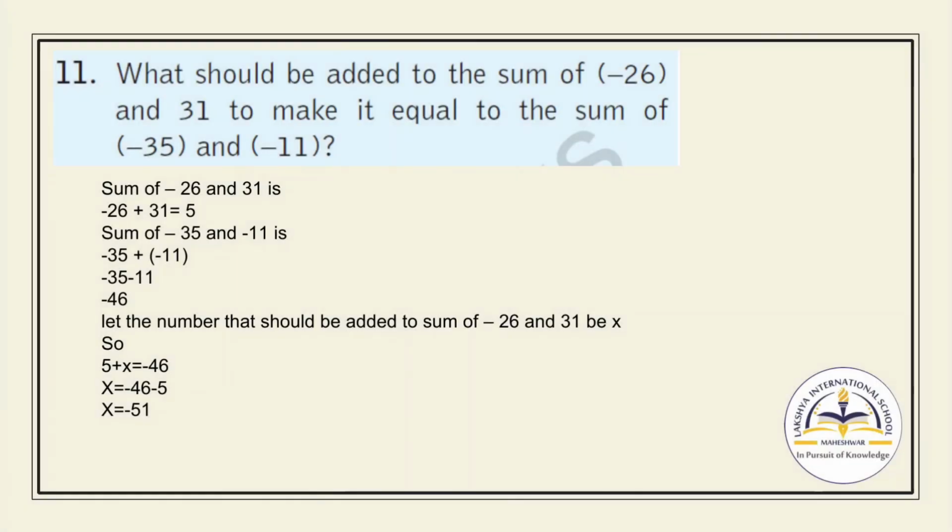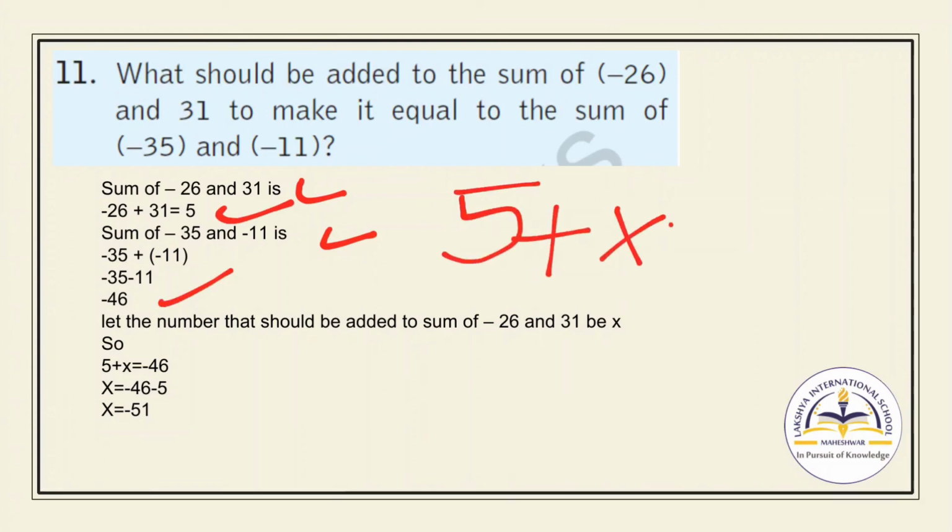Now question number 11. What should be added to the sum of minus 26 and 31 to make it equal to the sum of minus 35 and minus 11? So first we will find the sum of minus 26 and 31 and the sum of minus 35 and minus 11. We get 5 and minus 46. Now we have to find the third number. So 5 plus x equals minus 46.